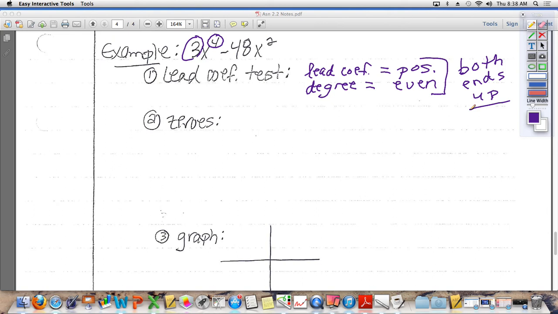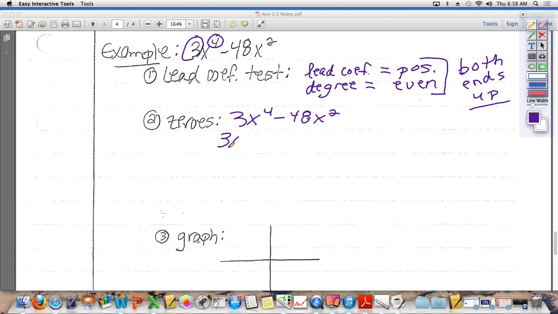We got to find the zeros now. So I'm going to write out my function, 3x to the 4th minus 48x squared. What do they have in common? What is the biggest number that I can factor out of 3 and 48? I can't factor out a 2. I can factor out a 3. And then we have x to the 4th and x squared. How many x's can I take out then?